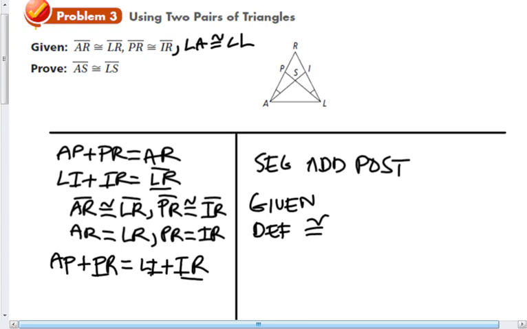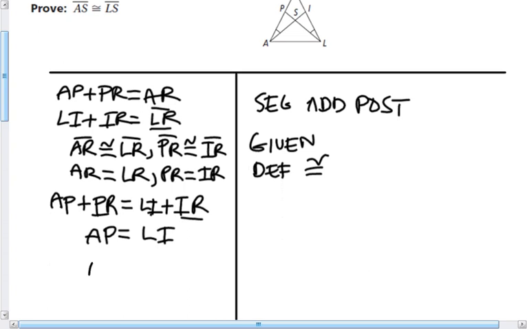And we have that there. So we're just going to subtract those equal parts, and we get AP is equal to LI. And that means that AP is congruent to LI. And we now have those parts of the segments are congruent.